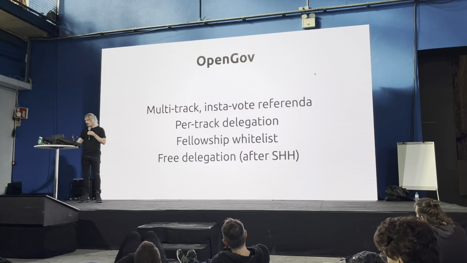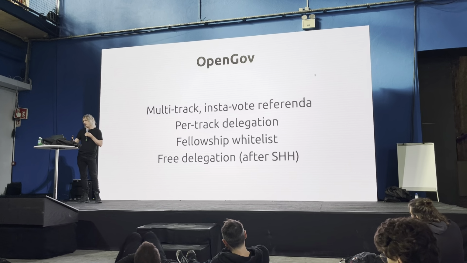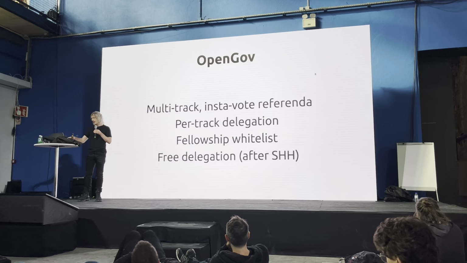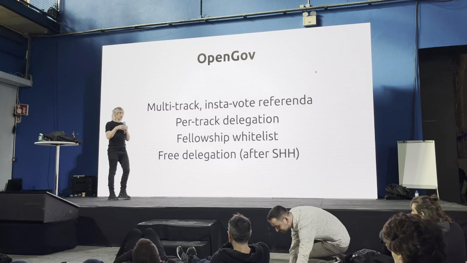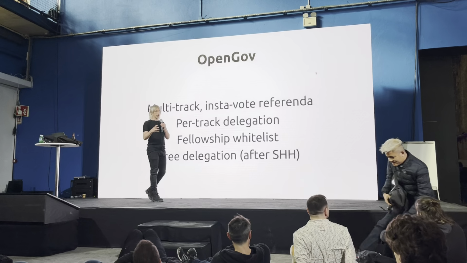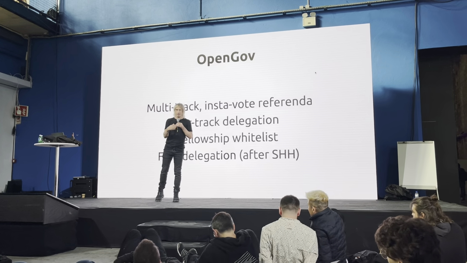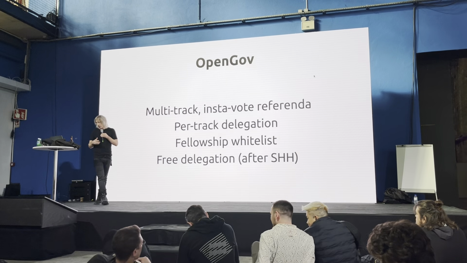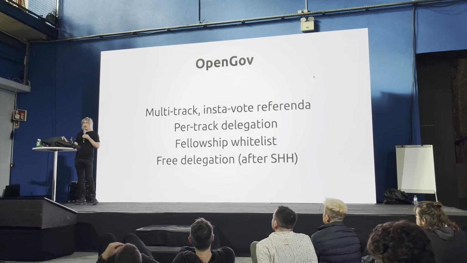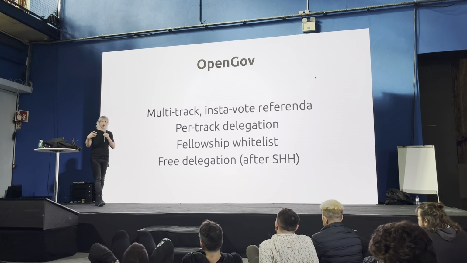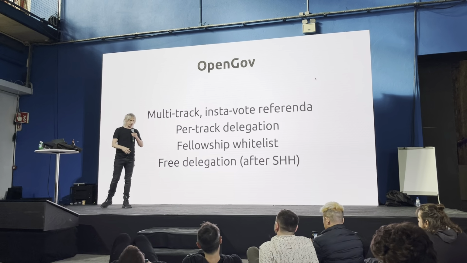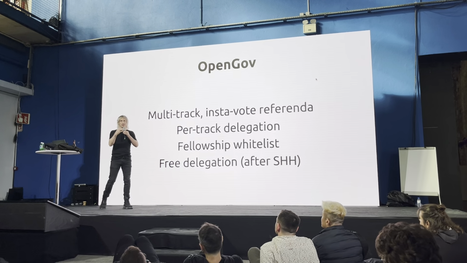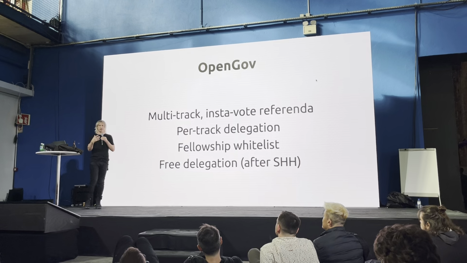One of the things that we're aiming to do with OpenGov is allow free delegation, because OpenGov removes some of these bodies like the technical committee and the council. Delegation is effectively a way of having representatives, so you don't necessarily have to vote yourself.